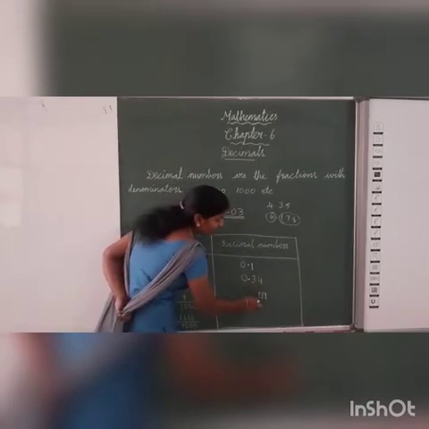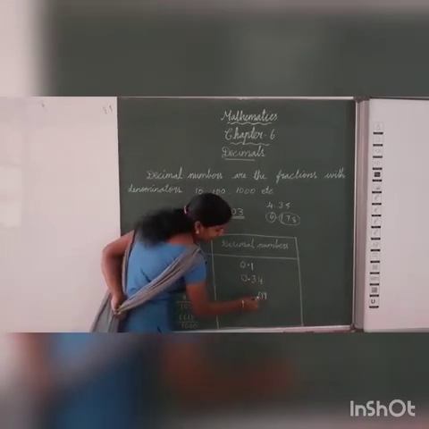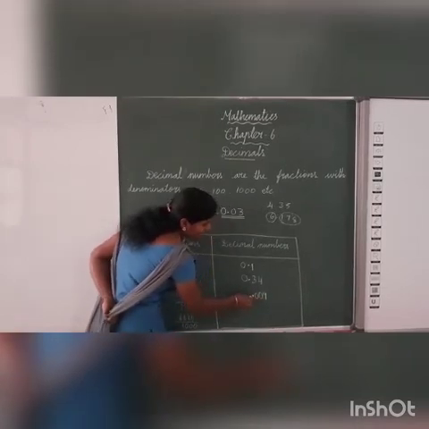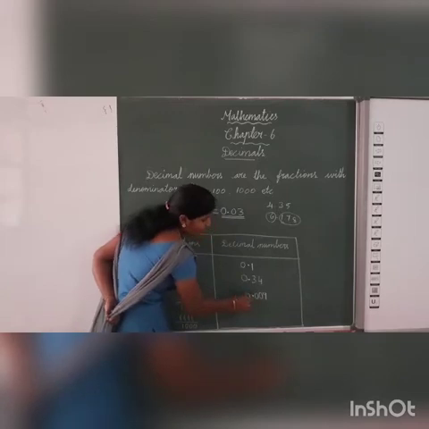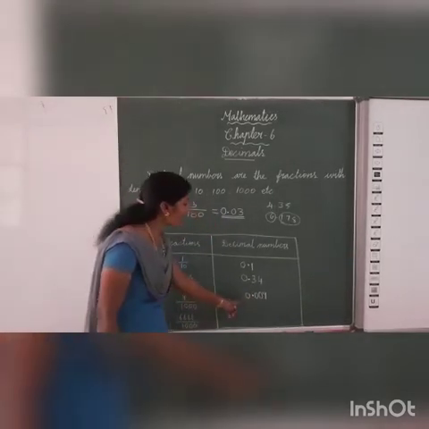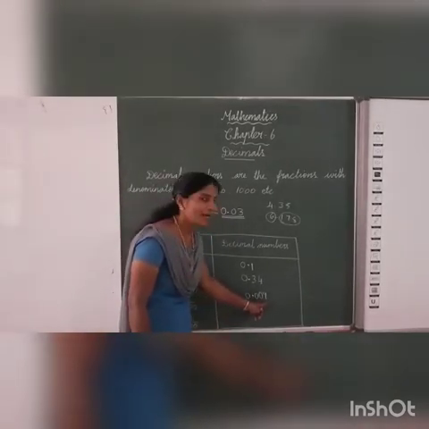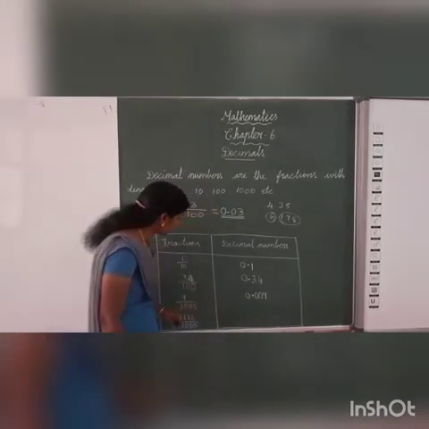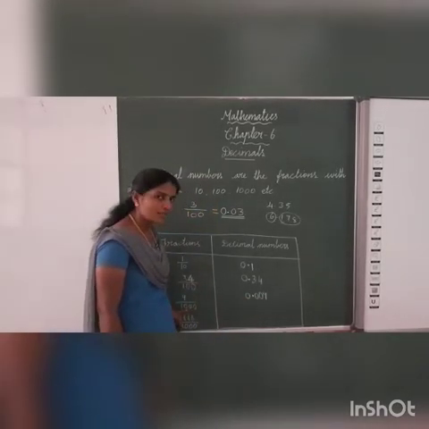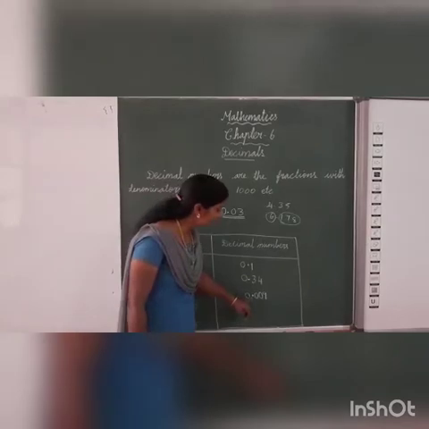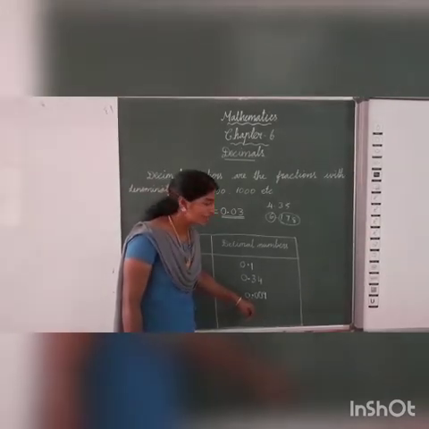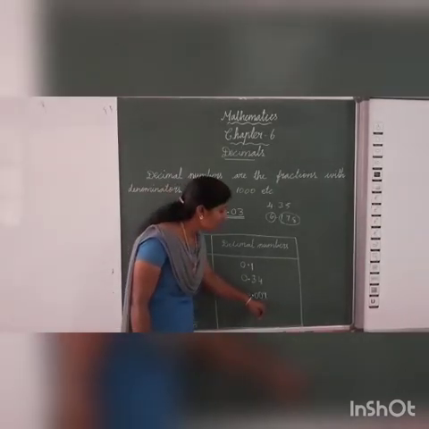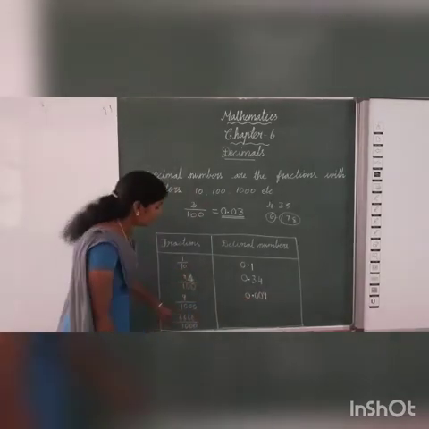We add to the left of 9. So 0, 0, 9. Then we put the decimal point. Then here we can add a 0. So what's the answer? 0.009. After 3 zeros, we need 3 digits after the decimal point.